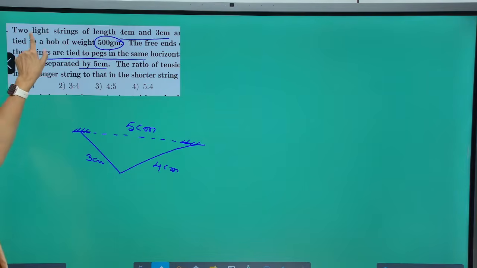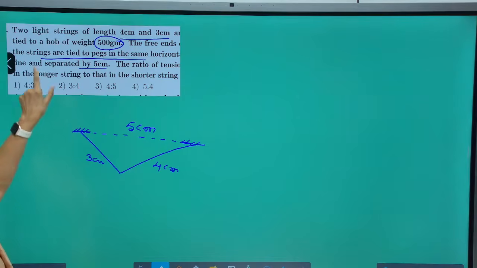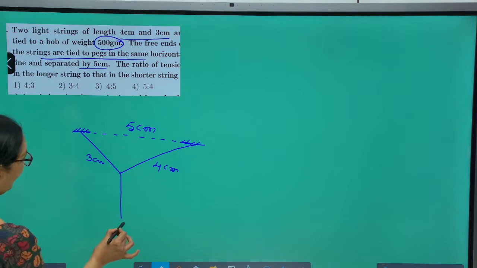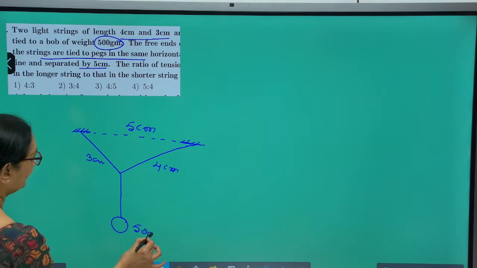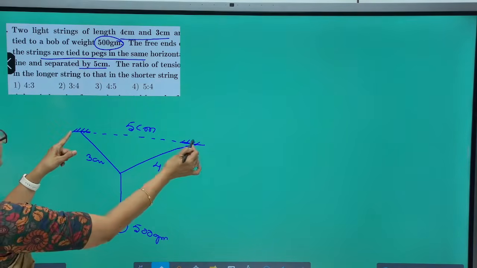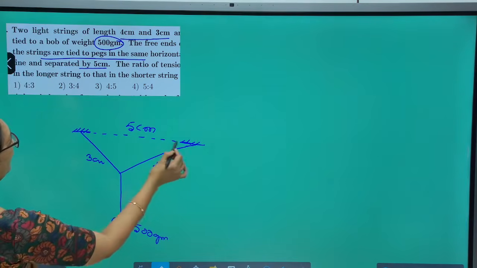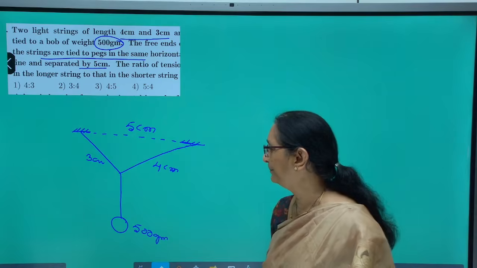The bob is of weight 500 grams. The free ends of the strings are tied to pegs at the same horizontal level, which are separated by 5 centimeters.